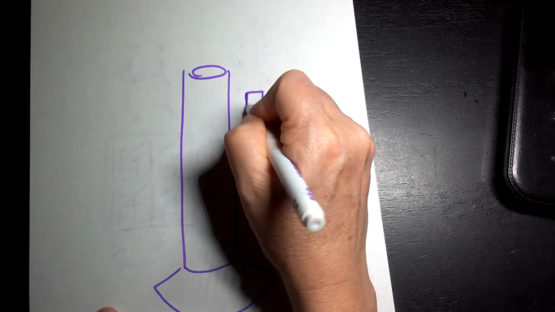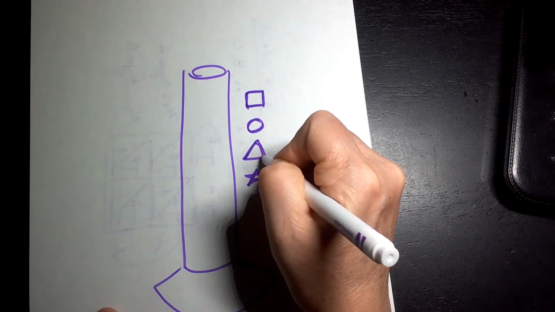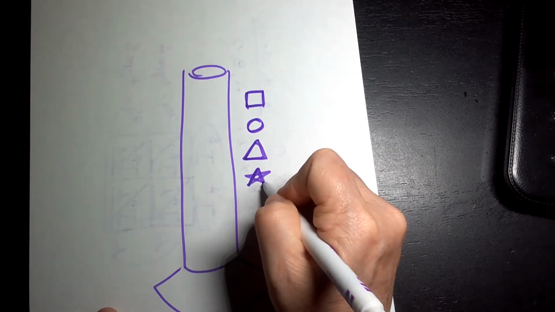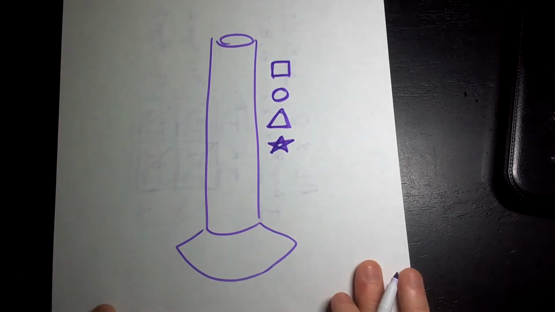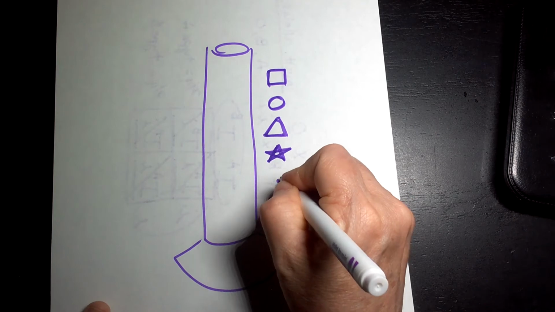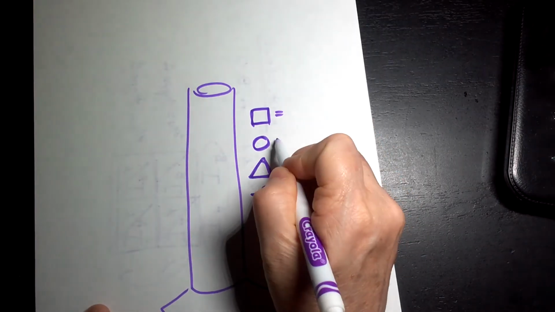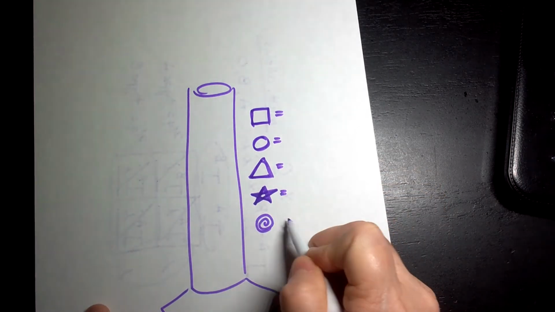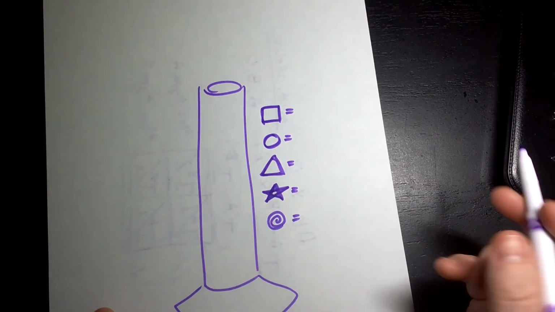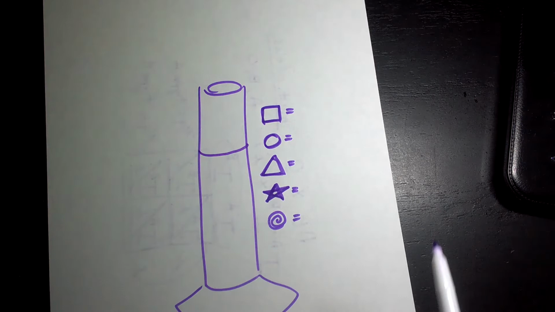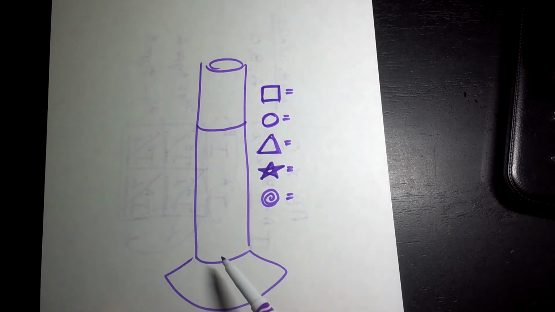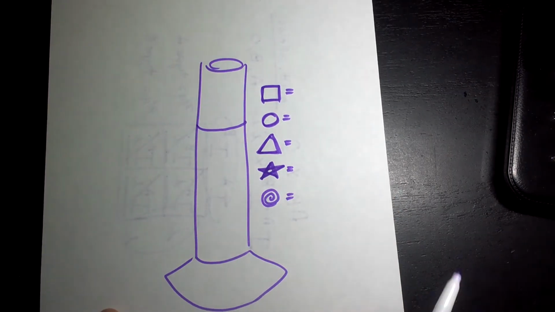So that's a circle, that's a square, that is supposed to be a triangle. This is a star. And then, we'll let the next one be a little swirl, okay? So I'm going to give you their mass and their volume, and then I want you to put them in the graduated cylinder based on where they would fall if you stuck them in the graduated cylinder.